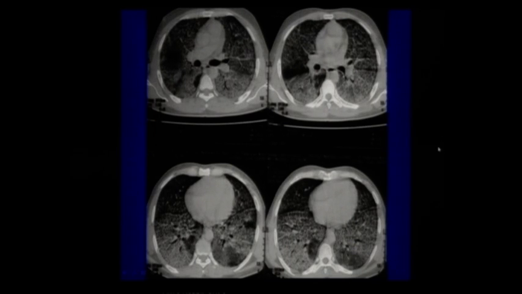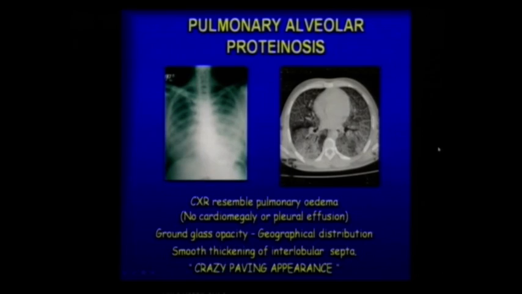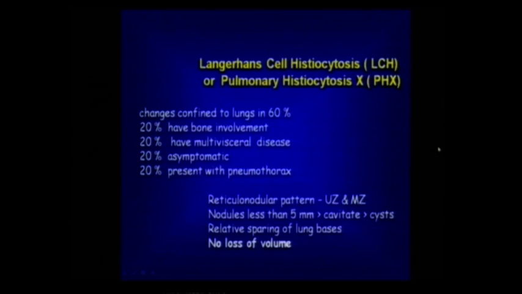This is not exclusive for pulmonary alveolar proteinosis. This is of course a classic case of pulmonary alveolar proteinosis with a geographical pattern, etc. But you can get this also in PCP pneumonias and sometimes even in cryptogenic organizing pneumonia. It only needs 2 entities. One is ground glass opacity in the background, second is interlobular septal thickening. And this is the particular case again, chest X-ray and disease.